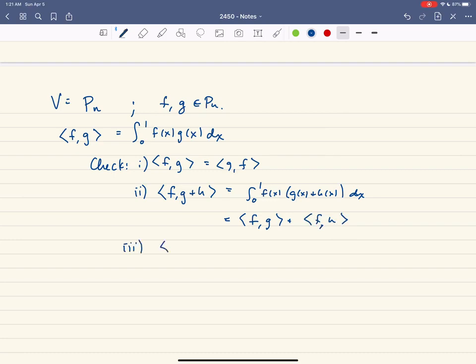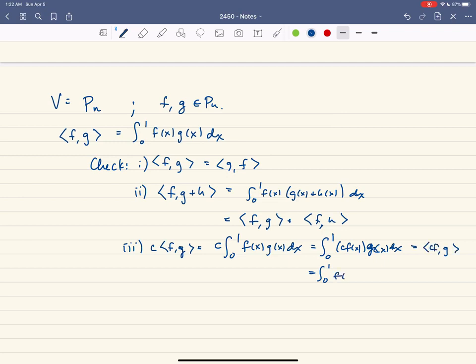If we have a constant times the inner product of f and g, you can write that as a constant times the integral from 0 to 1 of f times g. You can move the constant in and group it with the f, or group it with the g. So this is the same as the integral from 0 to 1 of c f of x times g of x dx, which is c f inner product with g.